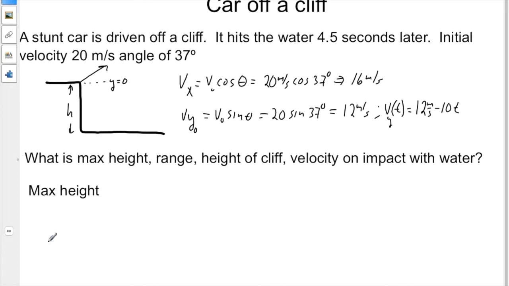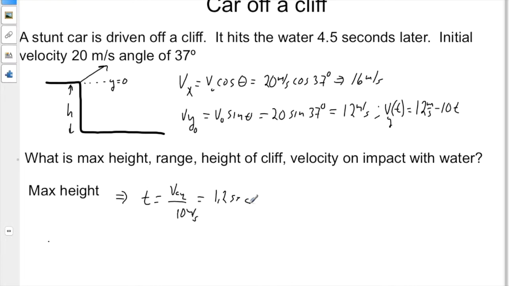For maximum height, as we've done many times before, the simplest thing is often to say t equals v0y divided by 10 meters per second squared. That says it's going to take 1.2 seconds to get to the top of the flight.